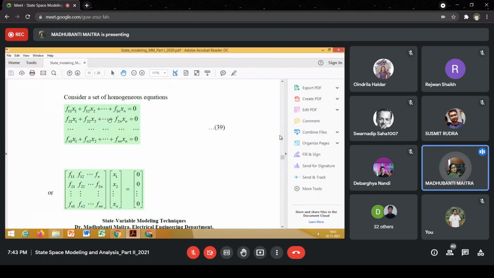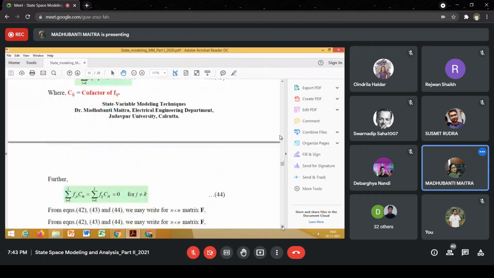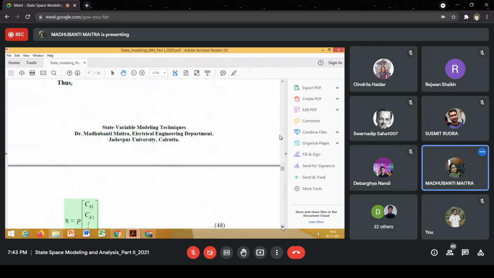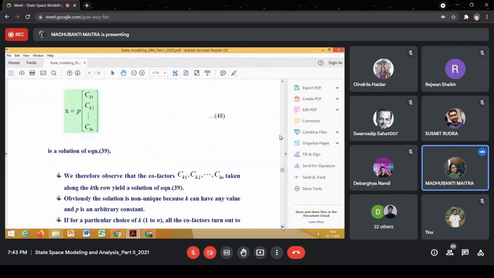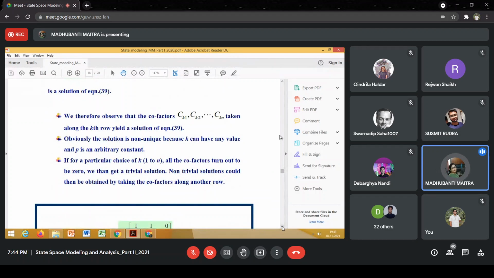These are the set of homogeneous equations for which we are trying to find the solutions. So obviously the solution is non-unique because k can have any value from 1 to n, and p is an arbitrary constant, right?